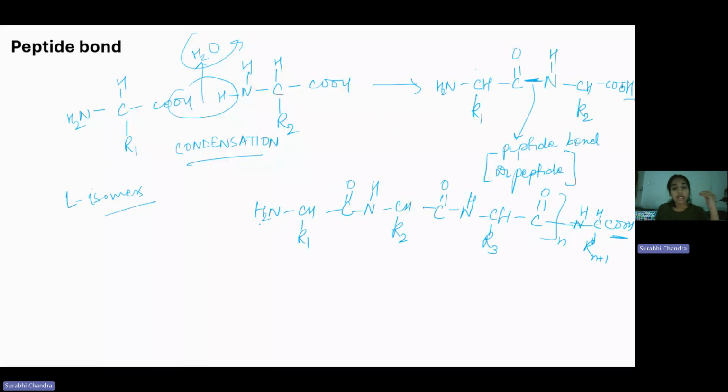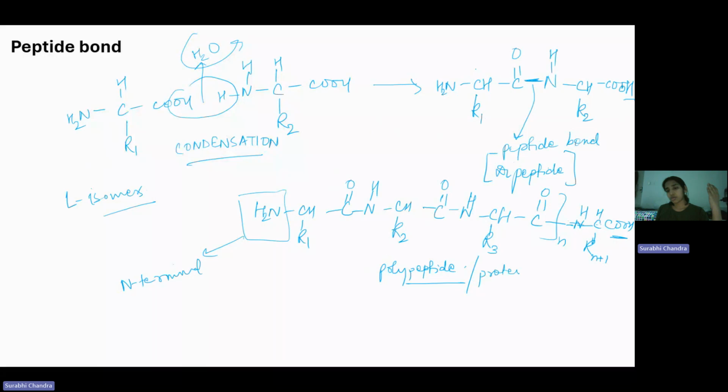and this is how the whole peptide chain comes out. So the area where the NH2 is present is known as the N terminal of this polypeptide or protein. When it takes a specific structure, it will form a protein.